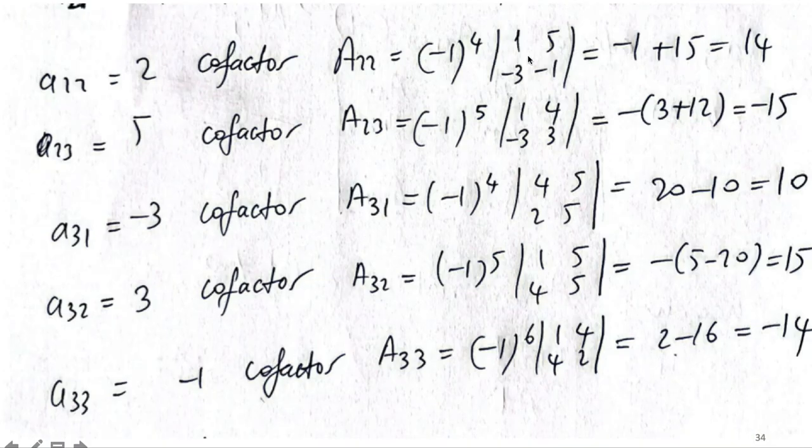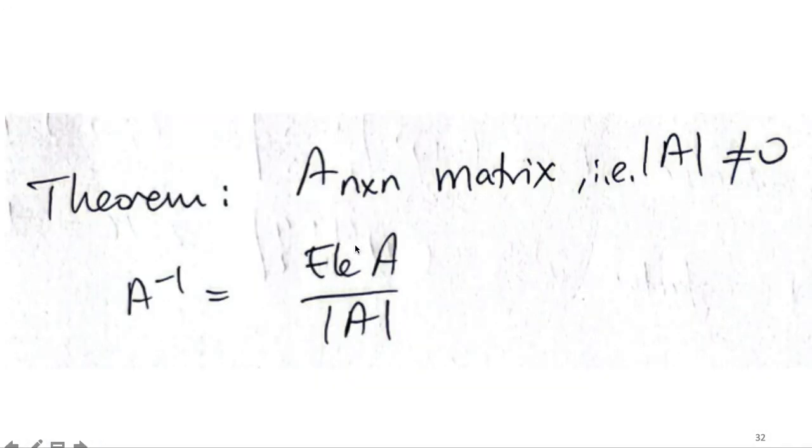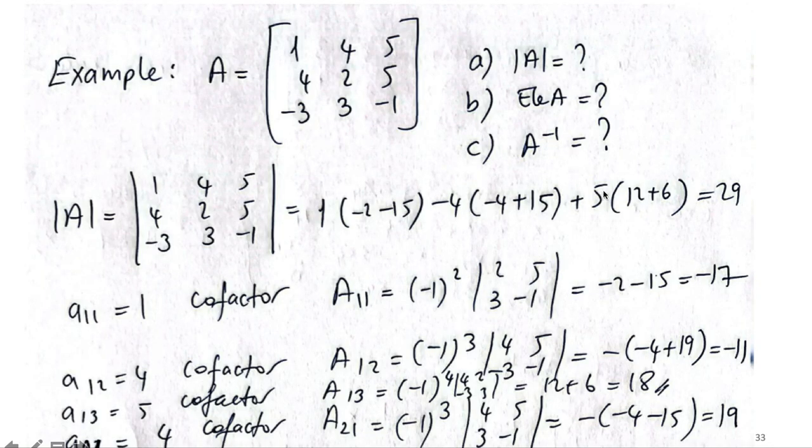And in the last step, for the inverse, as we know, we need to divide the elements of this adjoint A by the determinant of A. The determinant of A is already calculated, which is given as 29.